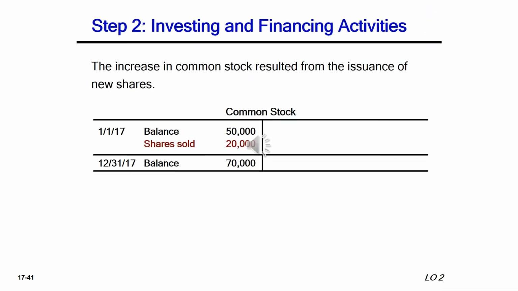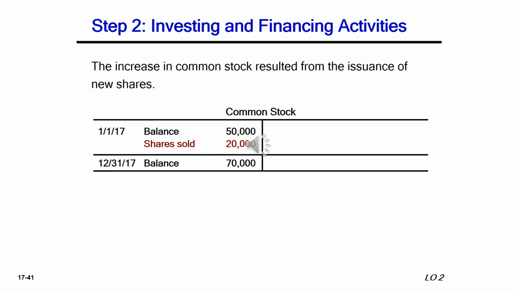Now, how about issuing more common stock or common shares by the company? Of course, this is one of the financing methods, so this is going to be under the financing activities section, and the purpose of issuing common stock for the company is normally to get some cash.